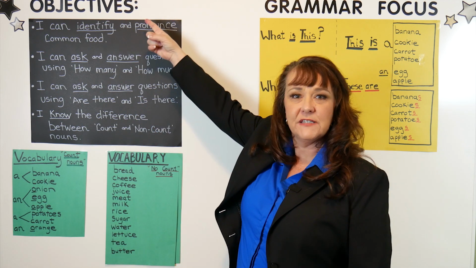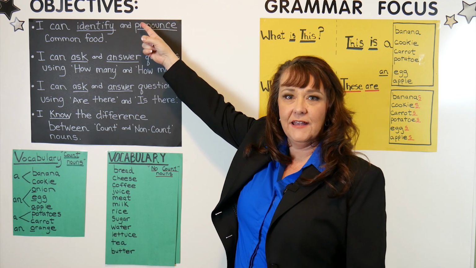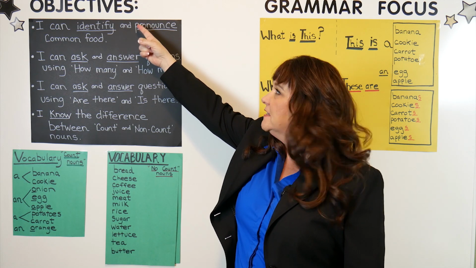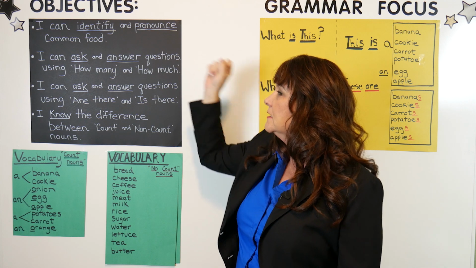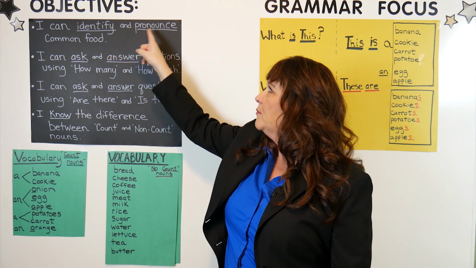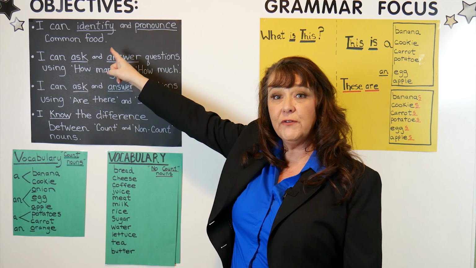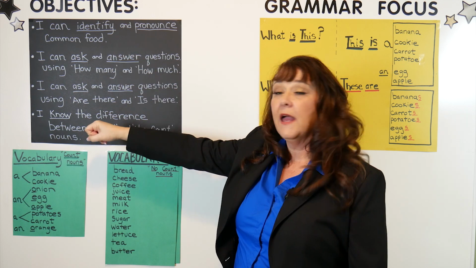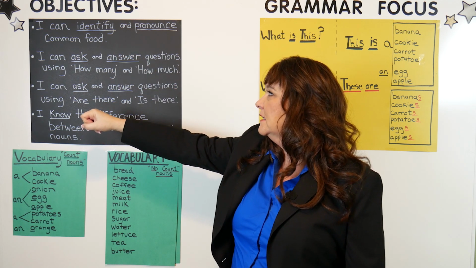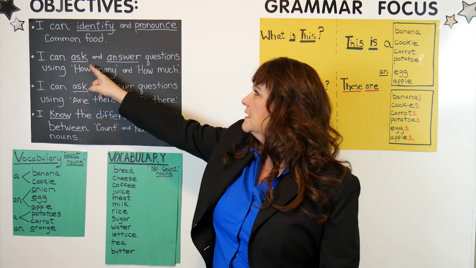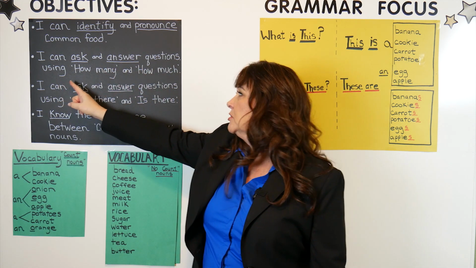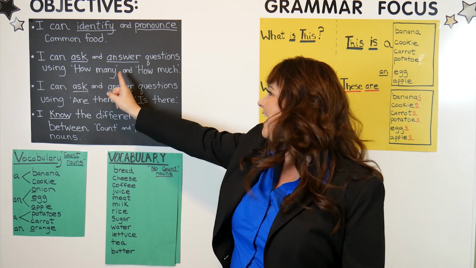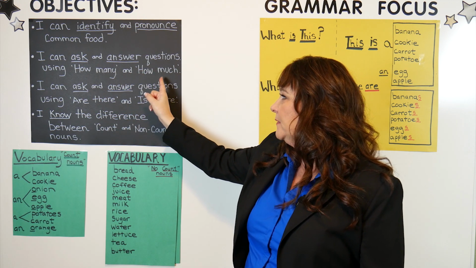Again, we have several objectives or things I hope you will learn by the end of this lesson. The first objective is identify and pronounce common food items. Another thing you'll learn in this lesson is how to ask and answer questions using the grammar structure how many and how much.